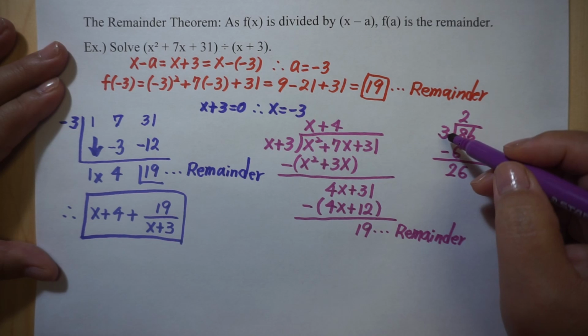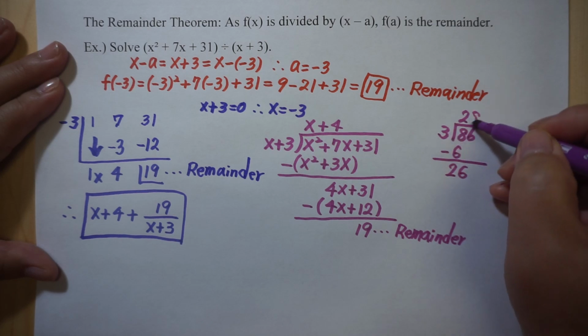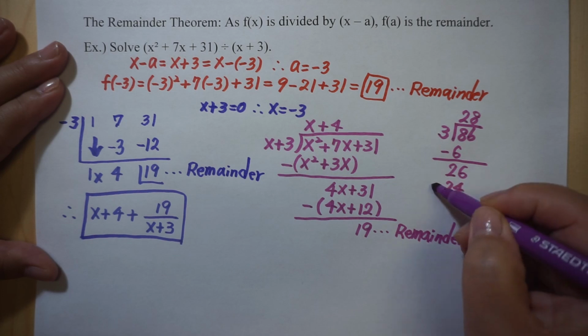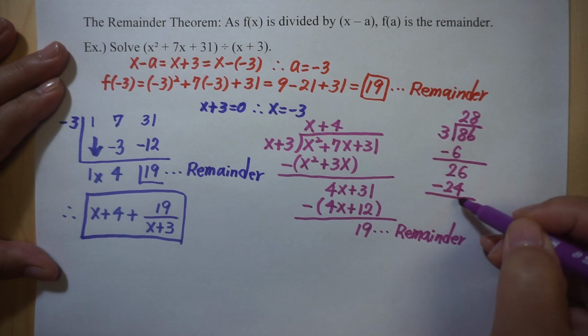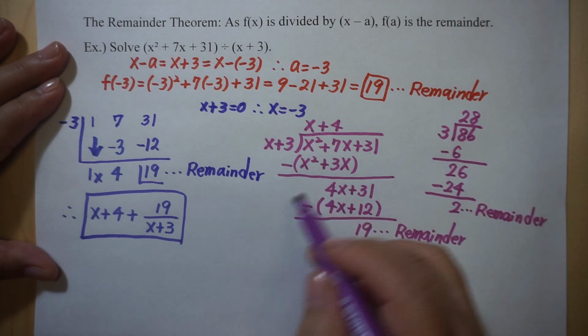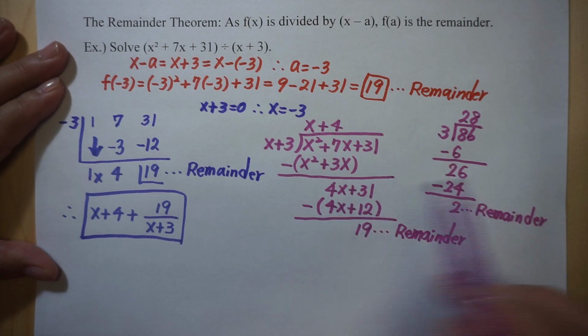And 26 divided by 3, 8. 8 times 3, 24. And you're going to subtract again. 26 minus 24, which is 2. This is the remainder this time. And then subtract here. It's the same system.